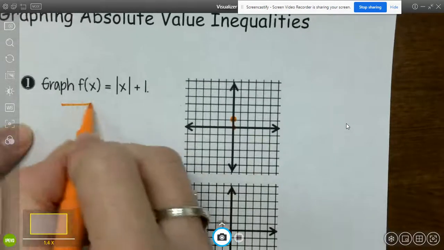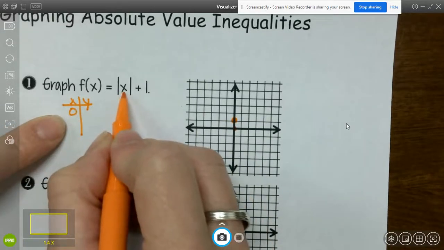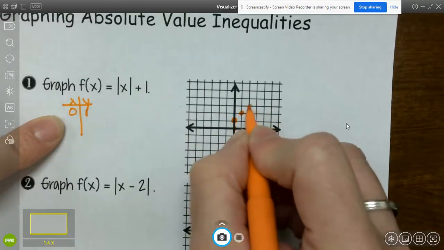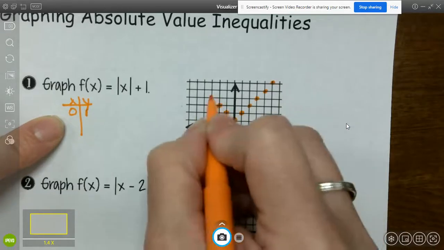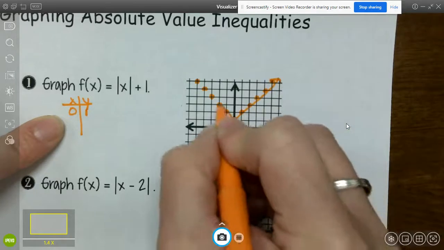And that makes sense because if I put in 0, the absolute value of 0 is 0, and 0 plus 1 would be 1. And then it's always up 1 over 1. So this graph would look something like this.